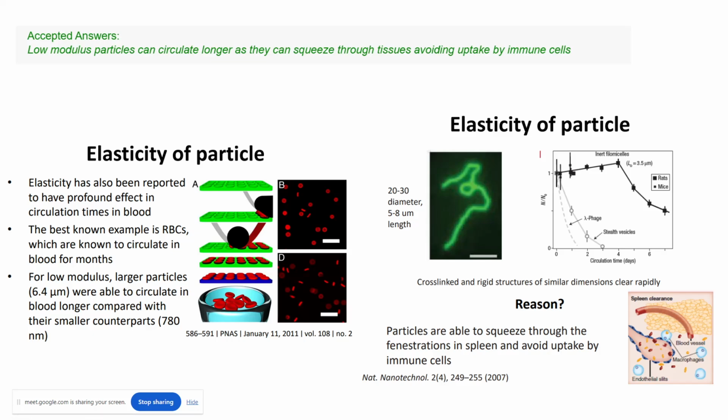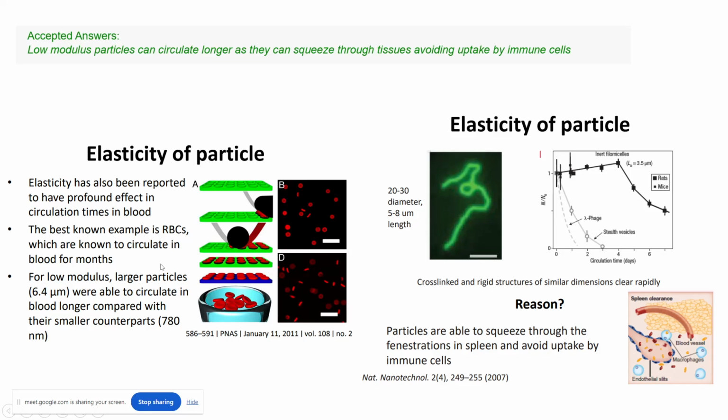Because of their lower modulus, when they are squeezing, it's not affecting their property, similar to RBCs. So these lower modulus particles can circulate because they can escape from these immune cell uptake by squeezing through these fenestrations in spleen.